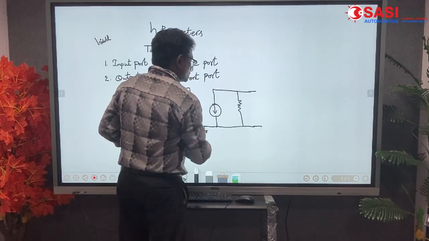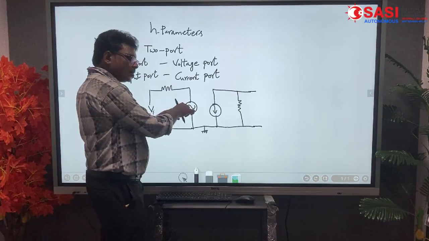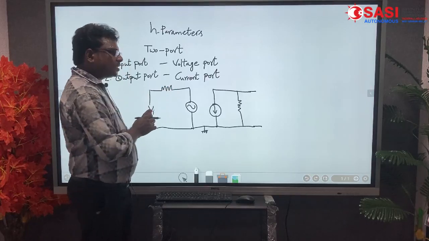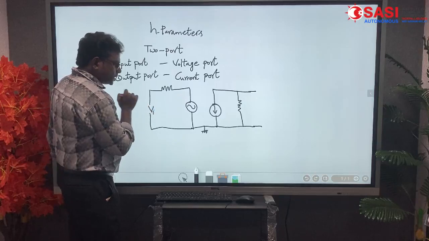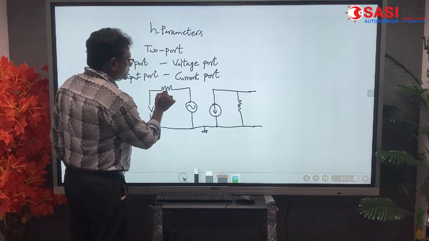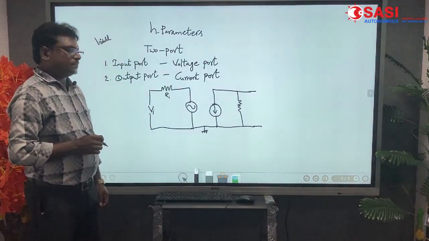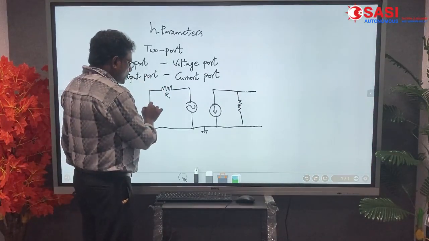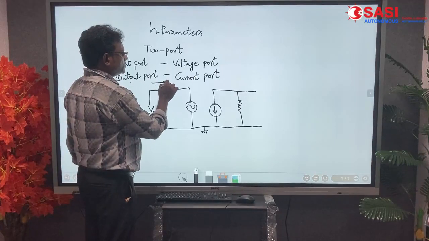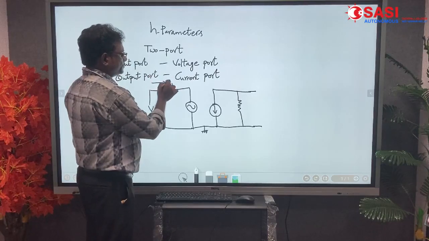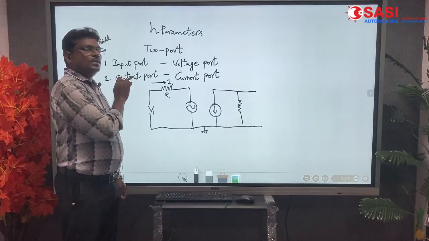This is the current source. In this two-port network, we have the input voltage source VI and the input resistance RI. The voltage port has a resistance, and the passing current is called the input current II.